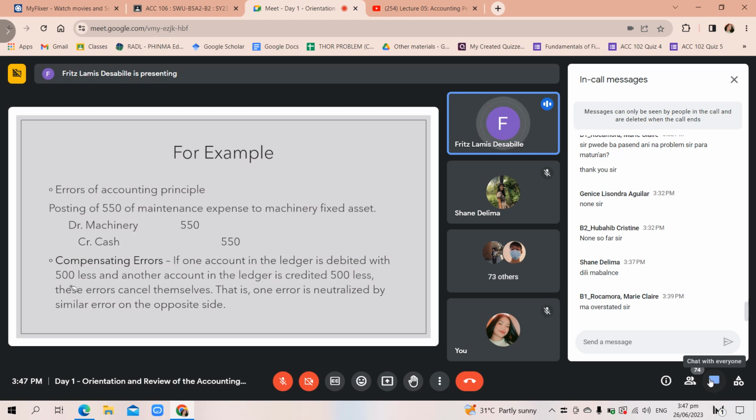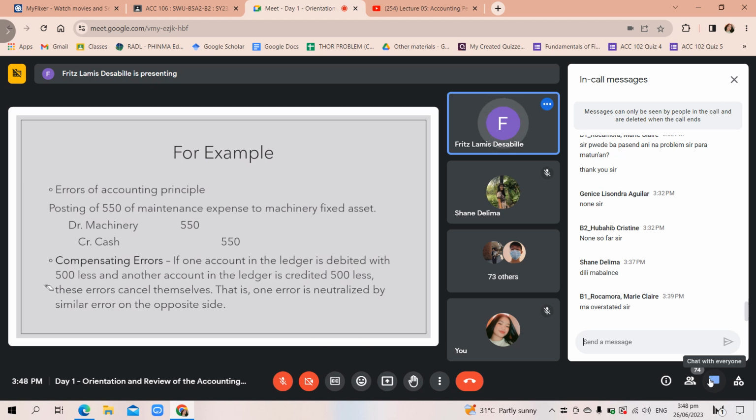Lastly, compensating errors. So compensating errors meaning nagka-error ka og 500 pero naay isa pa nga error nga na-compensate lang. Okay, example, if one account in the ledger is debited with 500 less and another account in the ledger is credited 500 less. So nag-debit ka 500 less and nag-credit ka 500 less.